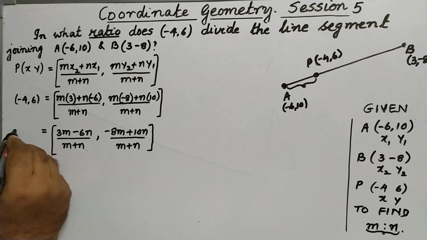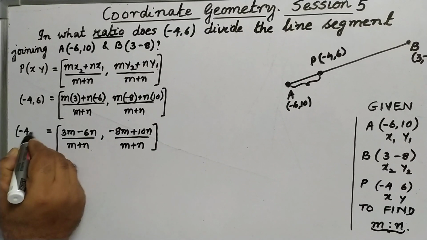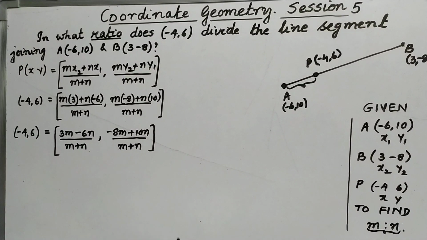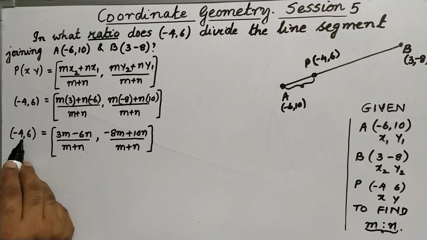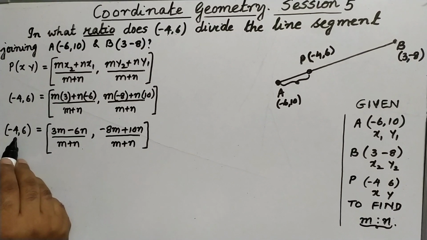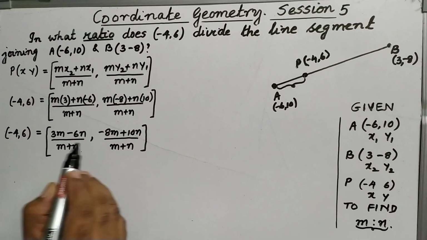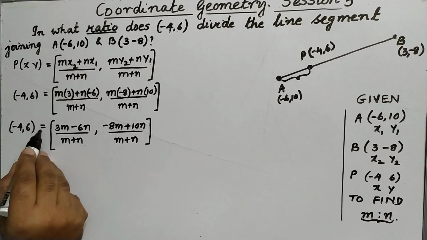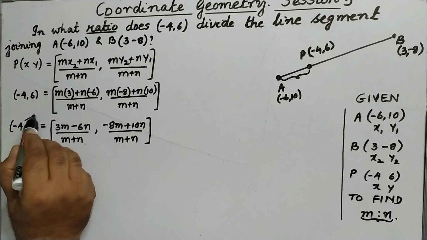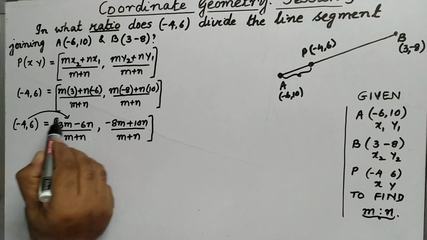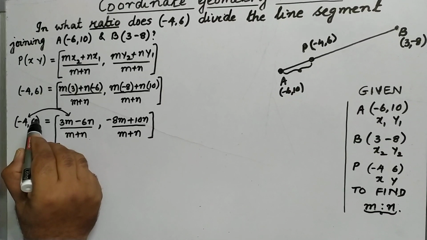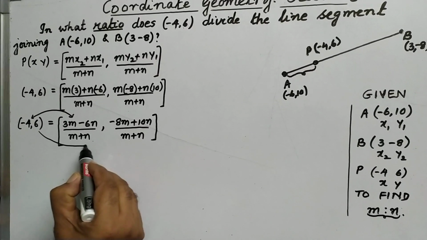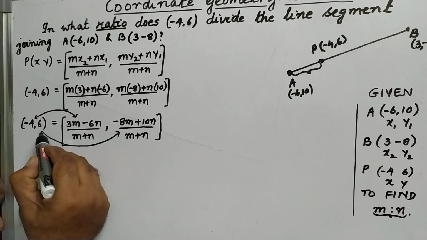I have (-4, 6) is equal to this. (-4, 6) is an ordered pair, and on the right hand side I have one more ordered pair. When two ordered pairs are equal, the first components will be equal, and the second components will be equal.